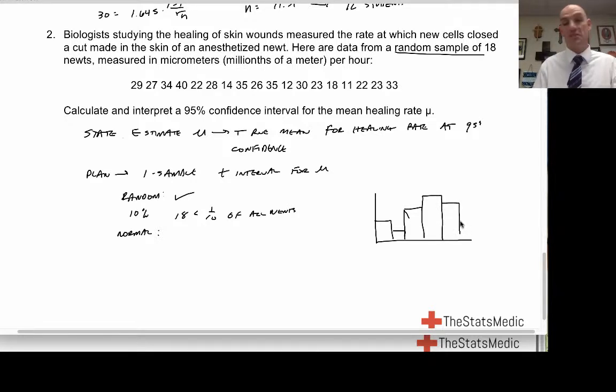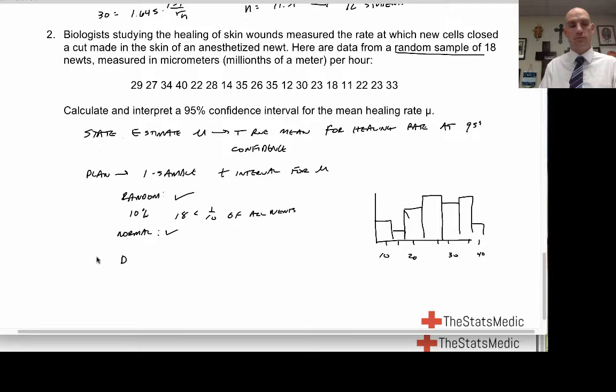So I obviously have the answer, and so I have an advantage here. But if you drew this out and you put them in intervals like this, right? So we go 10, 20, 30, and 40. We see no strong skew and no outliers, right? So we could say, yes, it's going to meet this condition.